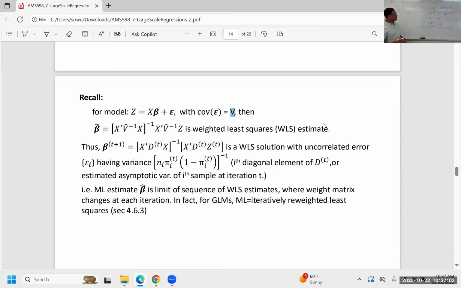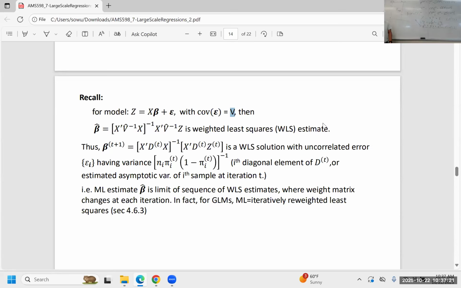So the solution for beta in this case, we can just write beta hat is equal to (X star transpose X star) inverse times X star transpose times Z star.